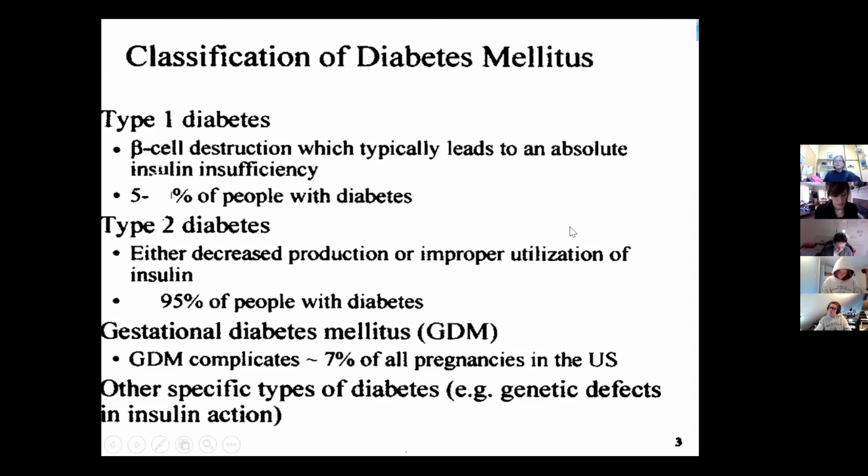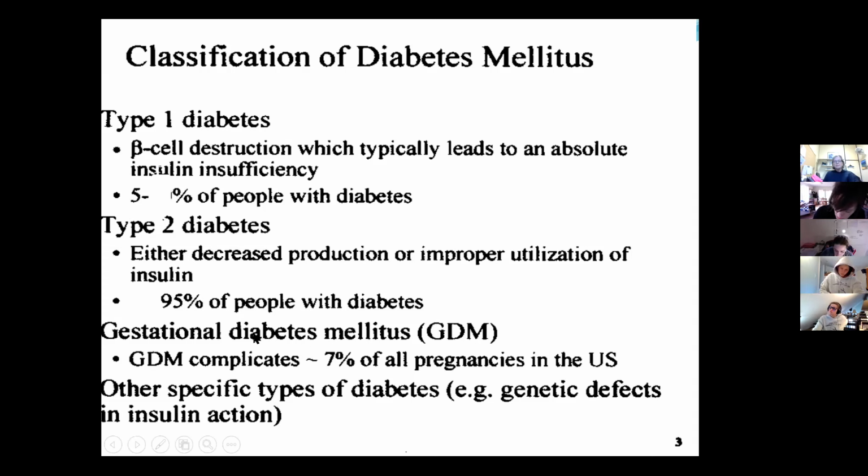Absolute being no insulin is being produced naturally by the pancreas. But this is a small percentage of diabetics. Only about 5% are type 1 diabetics. Type 2 diabetics, which make up that additional 95%, either have a decreased production or an improper utilization of the insulin that they are capable of producing.